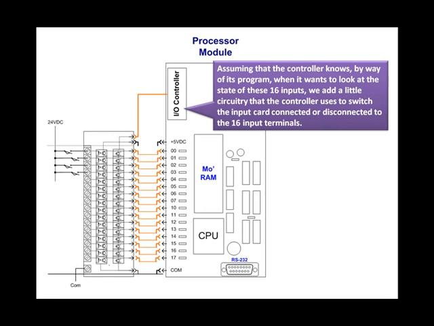By way of the I/O controller, it would send a high, or 5 volt DC level, switch all 16 of those solid-state switches on at once, and then the state of all 16 inputs would be felt over to the 16 terminals 0 through 17. Remember, that's base 8 octal. So the controller now has control over whether or not it sees those 16 inputs.